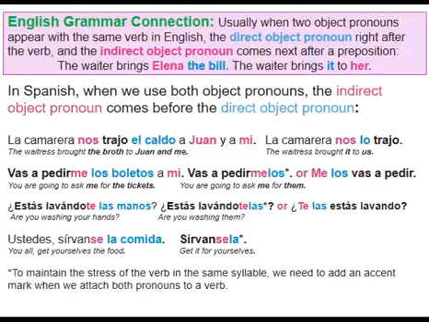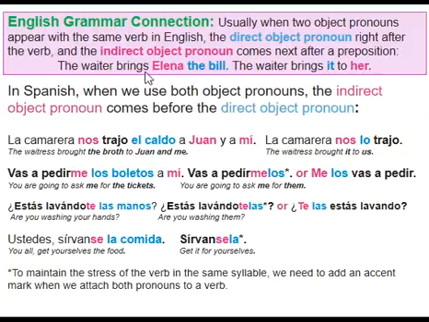So what happens when you find both a direct object pronoun and an indirect object pronoun in the same sentence? Remember, that is possible in English as well, right? Well, usually, not always, but most of the time, what we do is that we place the direct object pronoun right after the verb, and then the indirect object pronoun comes after a preposition, either to or for, right?